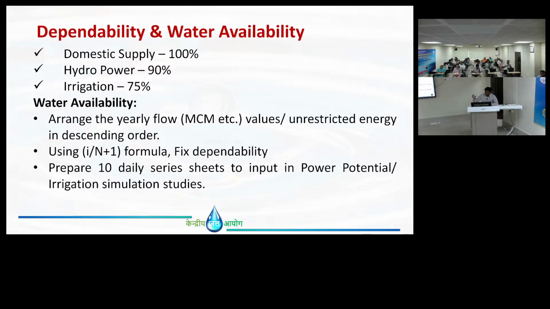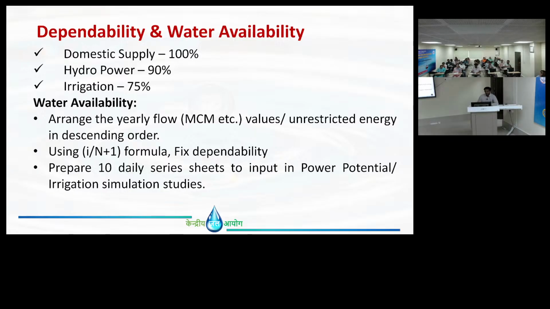That's how you calculate water availability. If the water availability is some value X, that should be supplied 100% of the time throughout the year. That's how you have to plan projects. Whereas for hydropower it is 90%, meaning even if water is available 90% of the time, that is okay for hydropower. For irrigation we check 75%, which means we allow 25% failure.